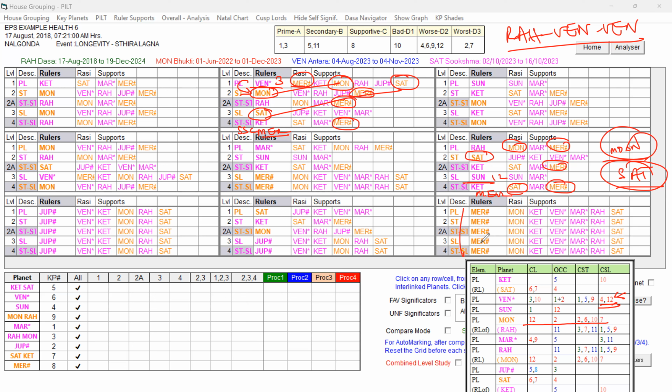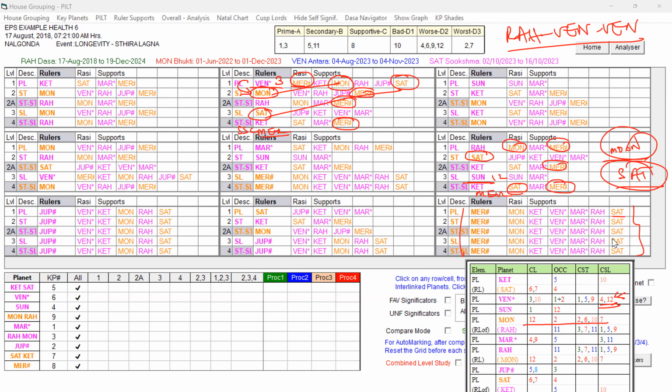Because of this, the child's longevity is bad, and an underdeveloped brain condition also happened, and breathing suffocation also happened, because Rahu is an important planet for breathing. If you check the birth chart, Rahu and Mercury are conjoined in the sign of Moon.